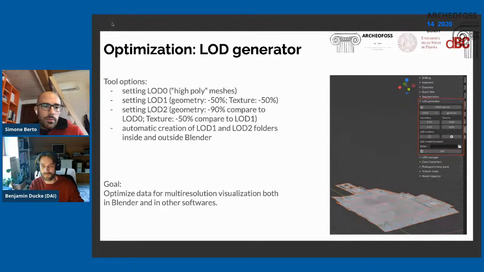The tool, as explained by Emmanuel, automatically generates a simplification of both geometry and texture. For LOD 1, a general reduction of 50% was performed, both for the geometry and the texture. And for LOD 2, instead, the hardest reduction was done for the geometry.